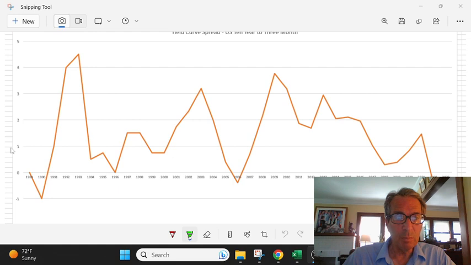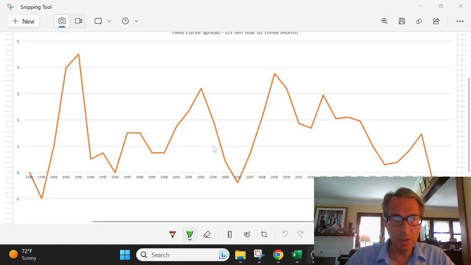Basically, a normal economy is between 1 and 2. When it reaches 1, it's just on par, and when it goes up to 2 or above, that means the government is juicing the economy.